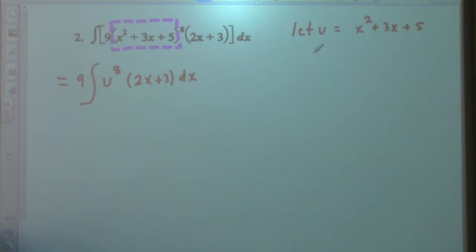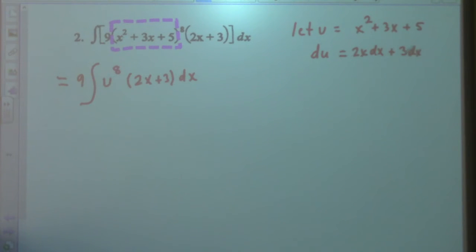We have d, we're going to take the derivative of u, which we're going to call du, and then we take the derivative of the right side. What's the derivative of the right side? 2x dx plus 3 dx.